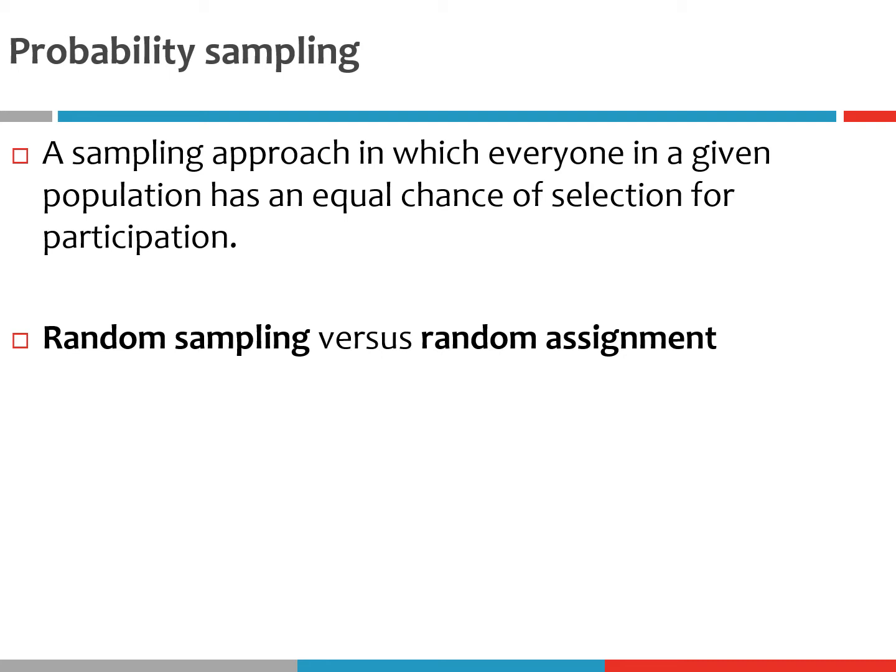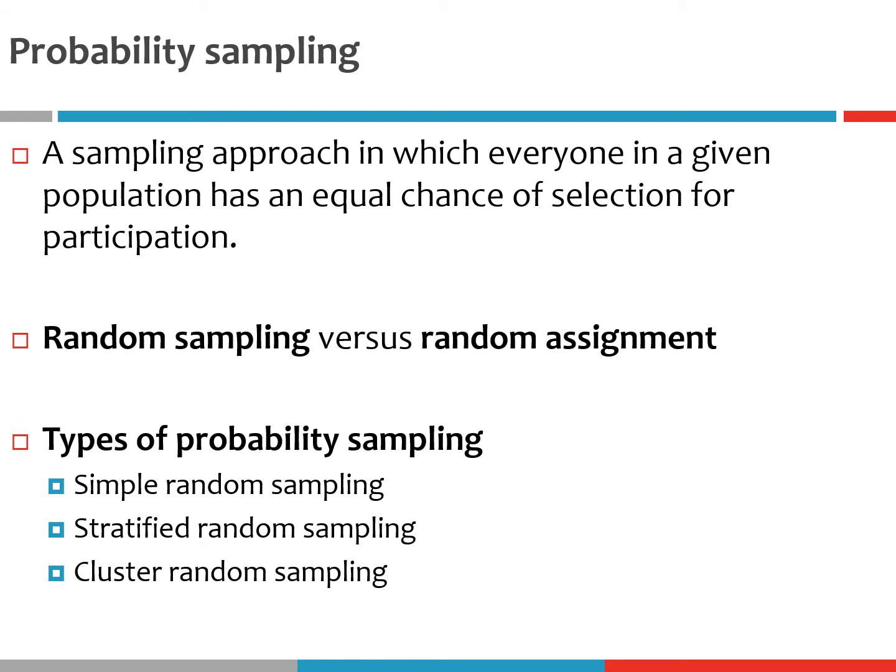Random sampling means that you have an equal chance of being selected from the population for participation. So everybody in the population has an equal chance of being selected to participate in the experiment, or everyone in your population has an equal chance of being chosen for the sample, right?